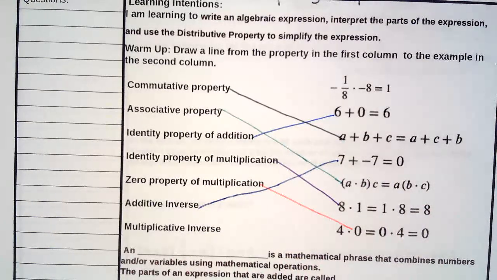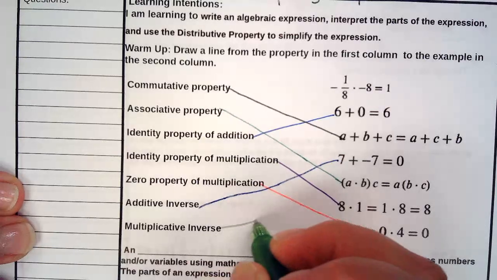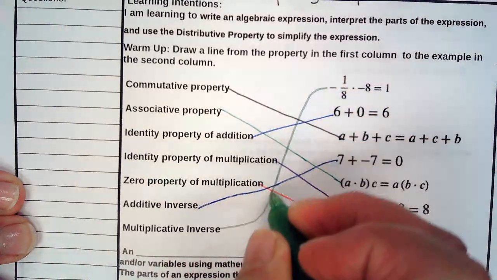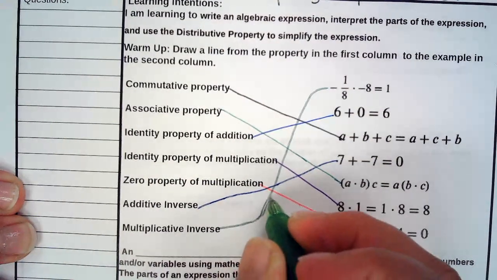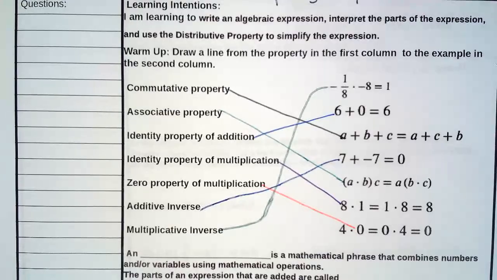Multiplicative inverse, you multiply it and you get 1. So that would be clear up at the top. And those are your different properties. We will continue to review these off and on because you're supposed to know these different properties in Algebra 1.